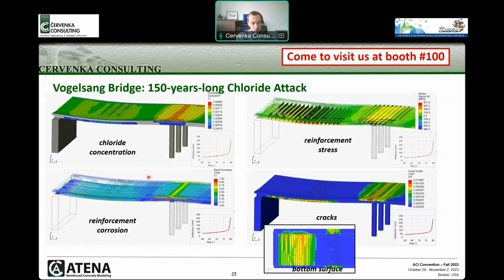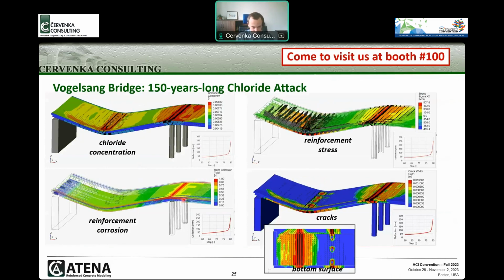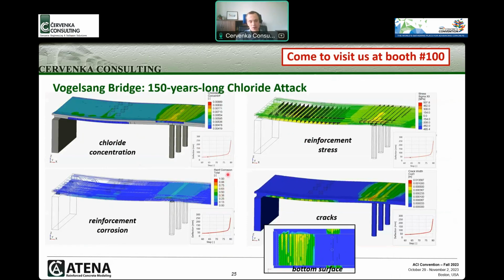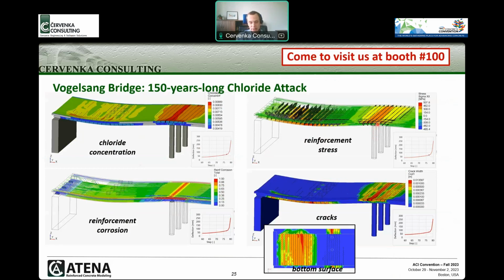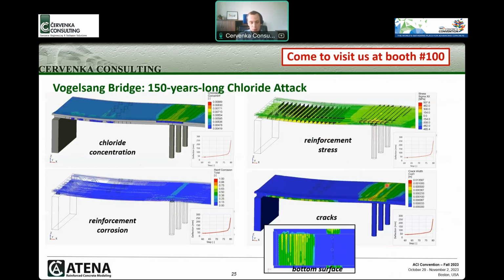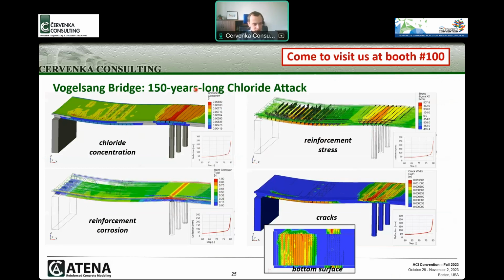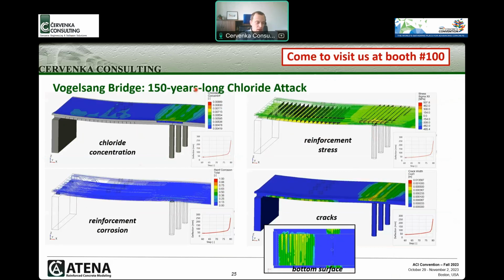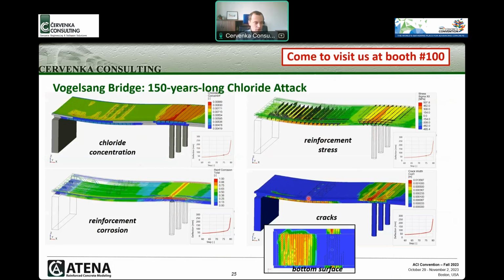This results in a higher corrosion degree in this region, and of course this will result in higher stress in the reinforcement and larger crack width in this region. Finally, if we simulate it for 150 years, in this model we observed large increase in the midspan deflection, leading to the collapse of the structure.